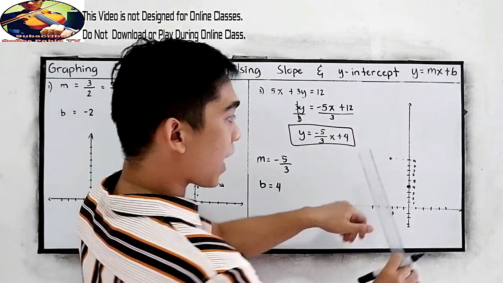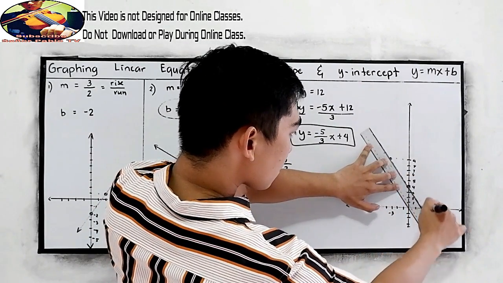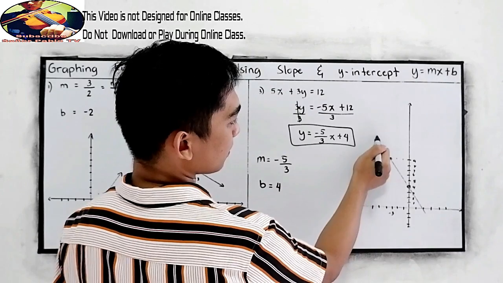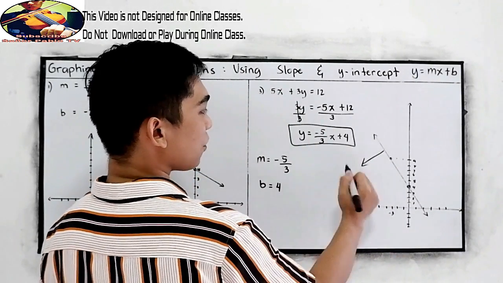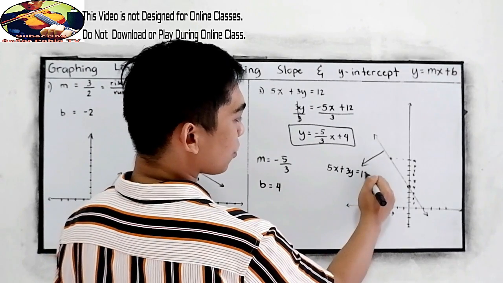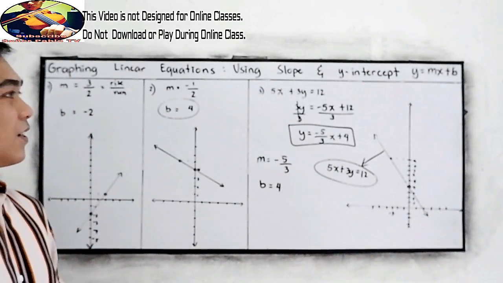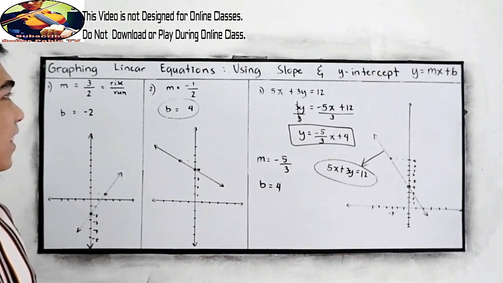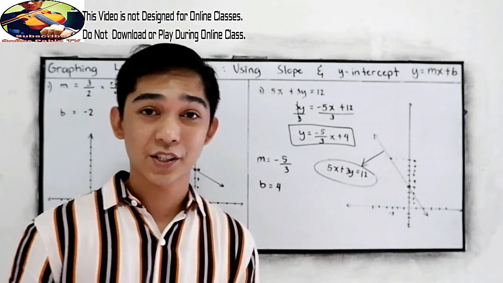Now we are ready to connect our points. That will be our graph for 5x plus 3y is equal to 12. That is on how to graph using the slope and y-intercept.